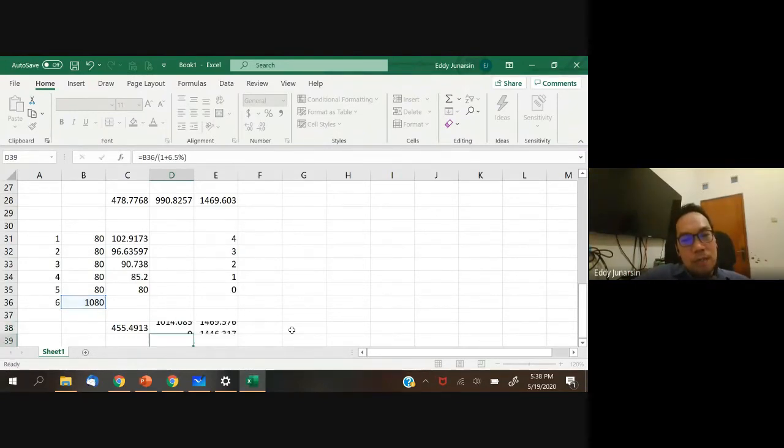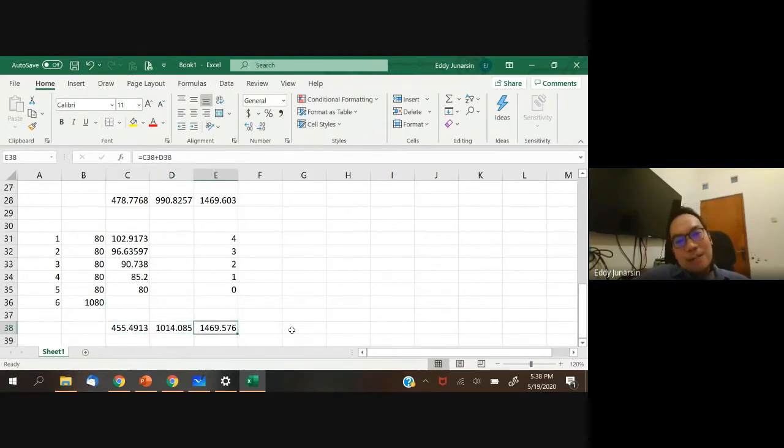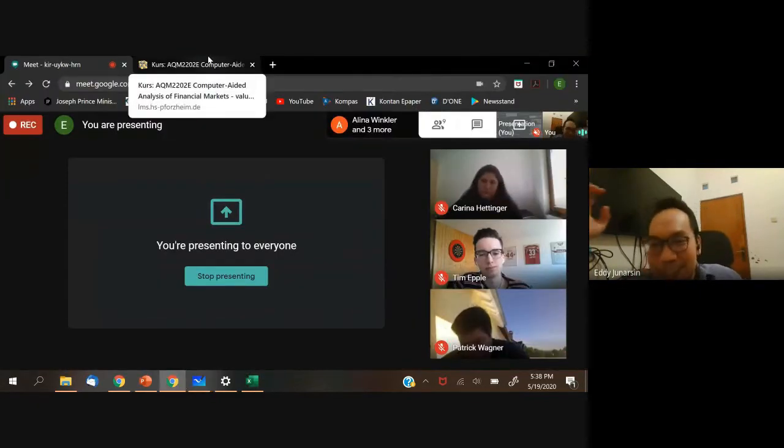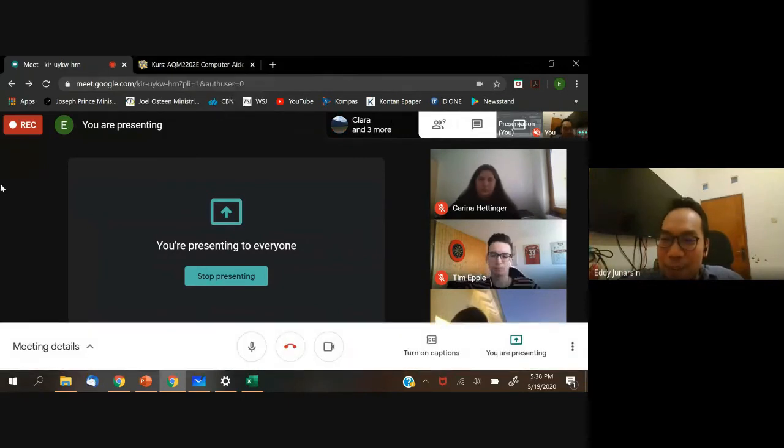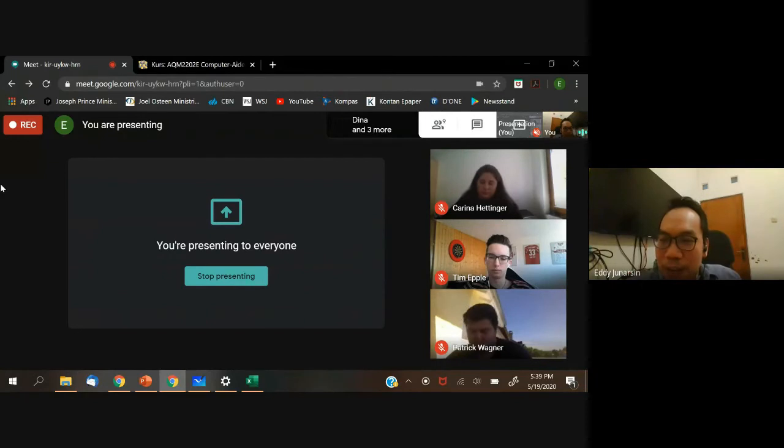So we get 1014. And we sum them together, guess what? We get 1469. This is an easy but beautiful example that shows that if you want to make sure that you are immune, perfectly hedged against interest rate risk for a certain investment horizon, then you have to match the duration.